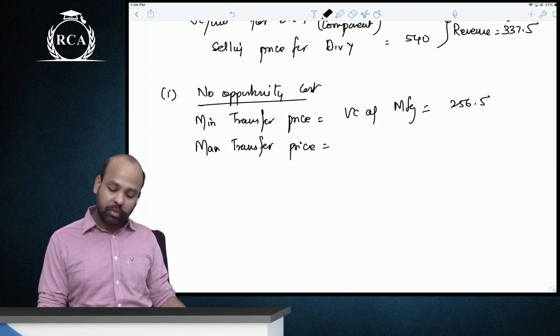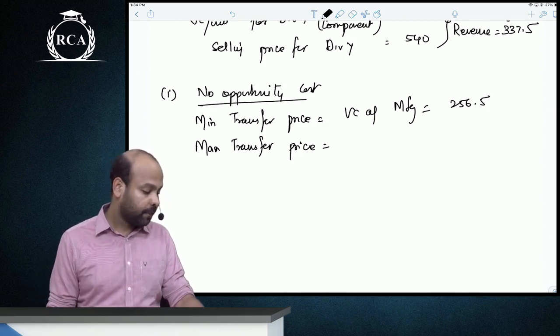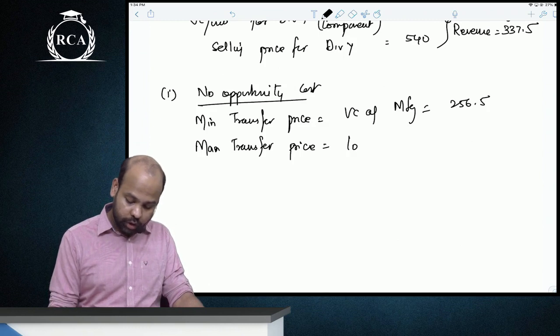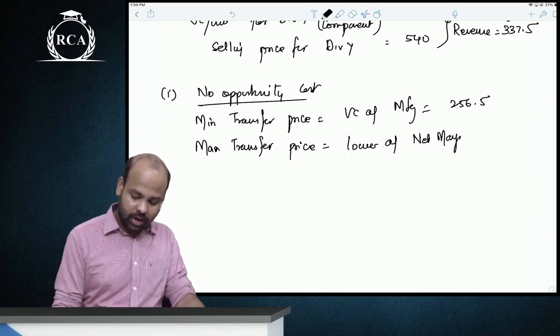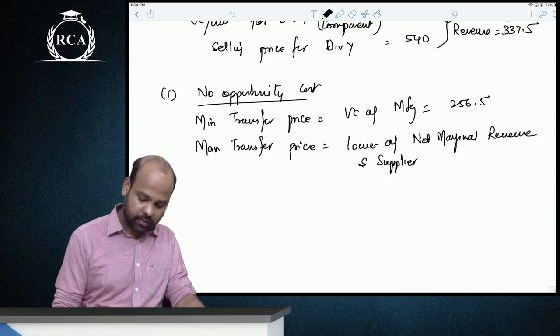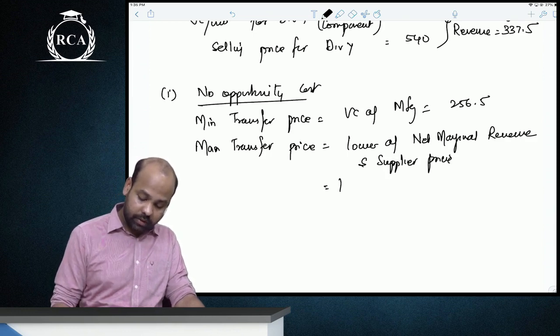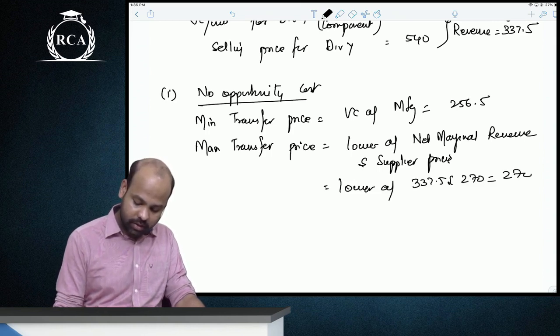Whereas your maximum transfer price would be the lower of net marginal revenue and supplier price. Obviously, beta, it is the lower of 337.5 and 270, that is 270.